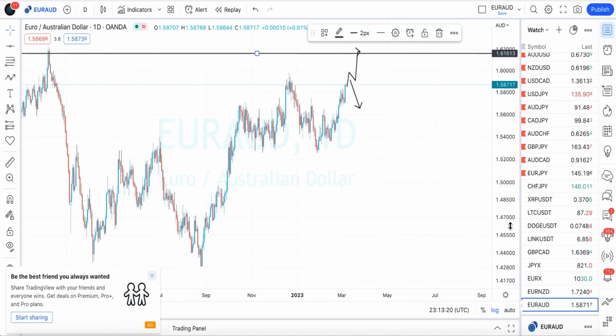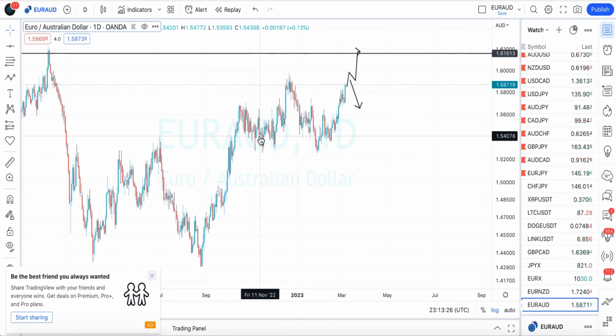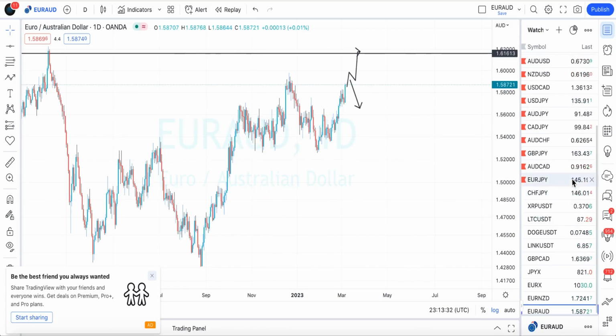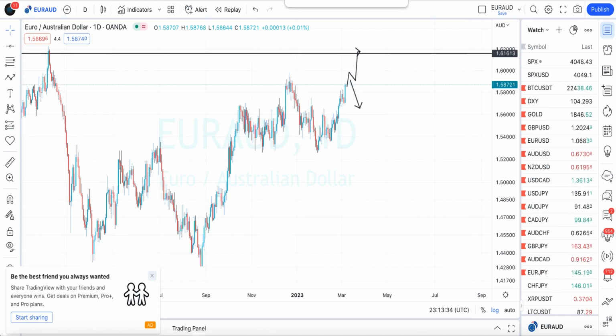But this one is not in my analysis though, so I'm just giving an example of how the news reacts with the technical analysis. So that's that about that. Let's check the remaining ones.